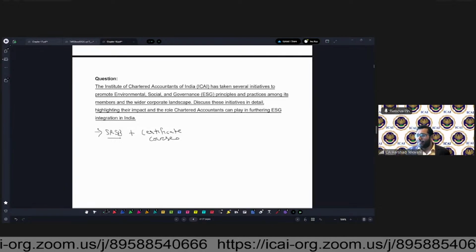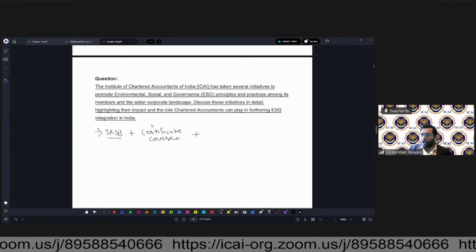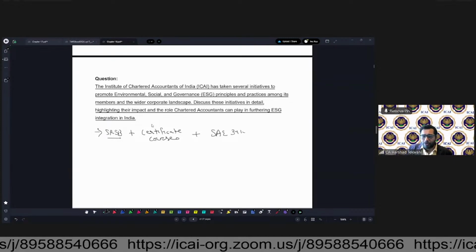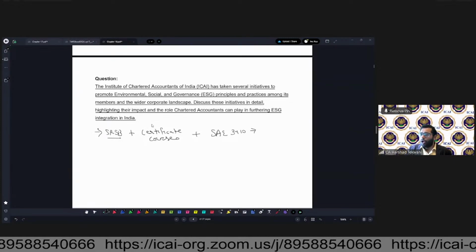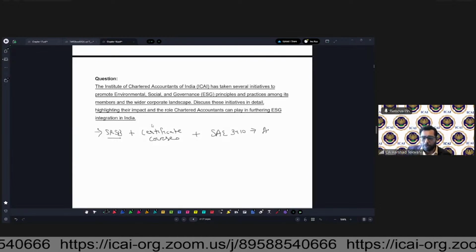Plus, ICAI has issued standards or publications, for example SAE 3410, that is the standard on assurance engagement on greenhouse gas statements.